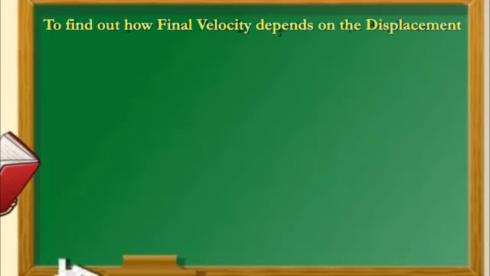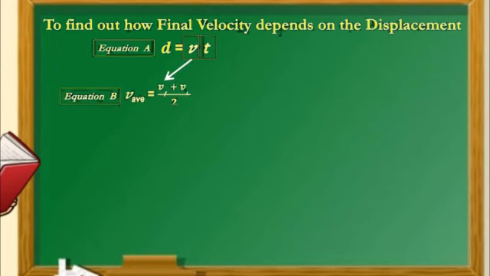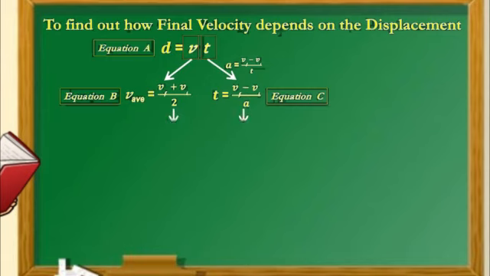Now to find out how final velocity depends on the displacement, substitute v and t from equation B and C to d is equal to vt, which is our equation A, and we will find that d is equal to the quantity v sub f plus v sub i over 2 times v sub f minus v sub i over a.